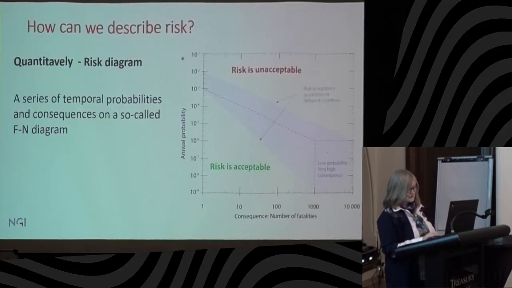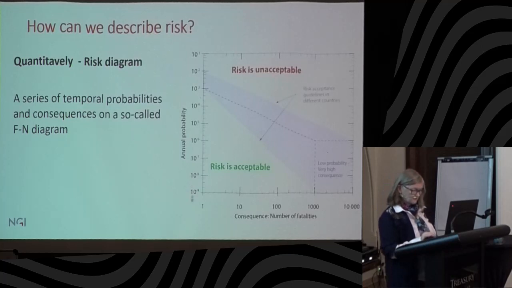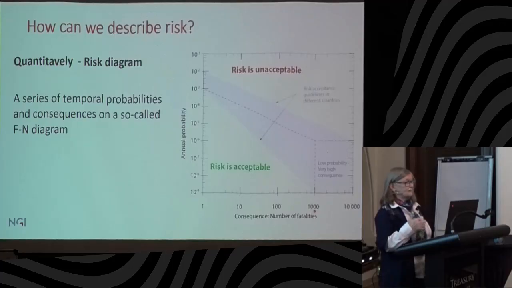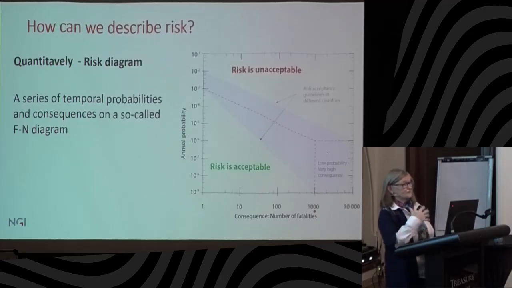The vertical axis is the annual probability. It doesn't have to be annual, but it's some kind of measured probability per time. And here is the consequence. It's number of fatalities, or it could be cost, it could be time for restoring the destroyed road or a bridge or such.